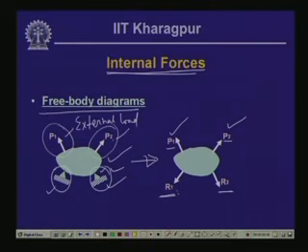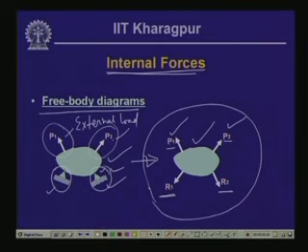Now, these active and reactive forces P1, P2, R1, R2 keep this particular body in equilibrium. When we represent a body with the external loads, these reactive forces are also external loads.